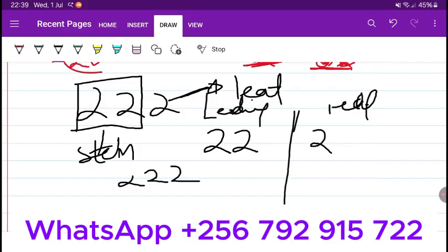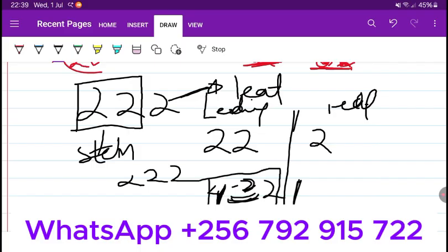If I had 4 digits, say 4, 3, 2, 1, the first 3 digits will be the stem, then the last one will be my leaf.